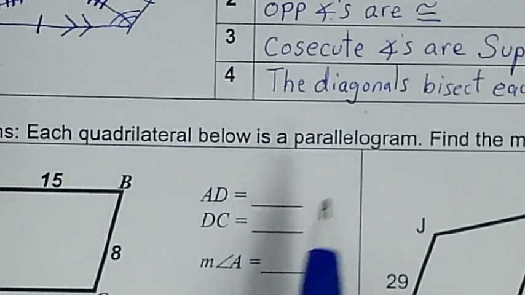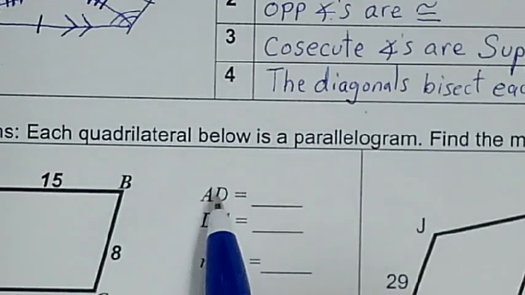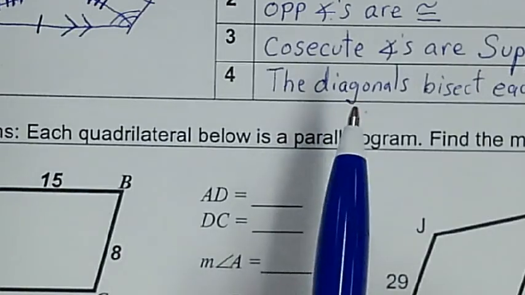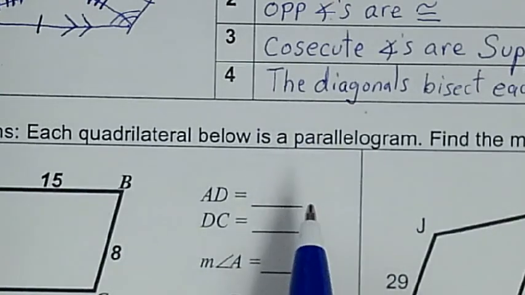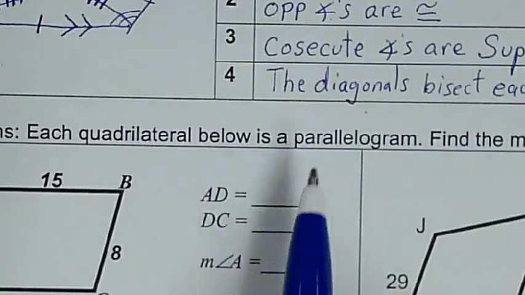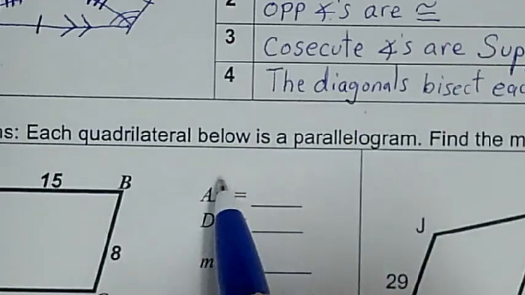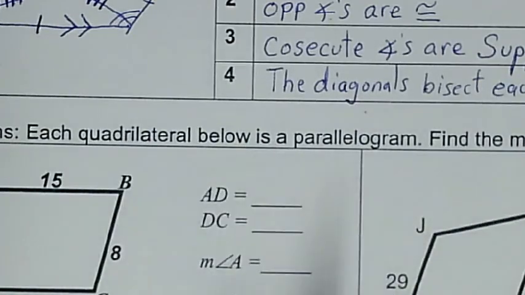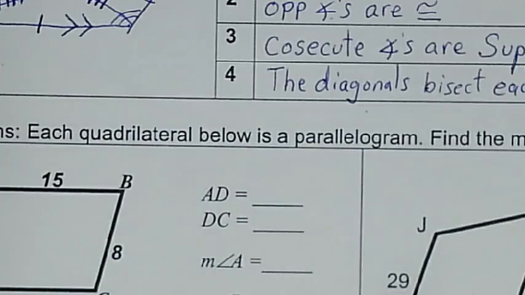Does it mean line AD? Does it mean ray AD? What do you think it means? Nope. Because if it's a line segment, it would have a line segment symbol over it. If it were a line, it would have a line over it. If it were a ray, it would have a ray over it. But what does it mean when there's nothing above the A and the D?